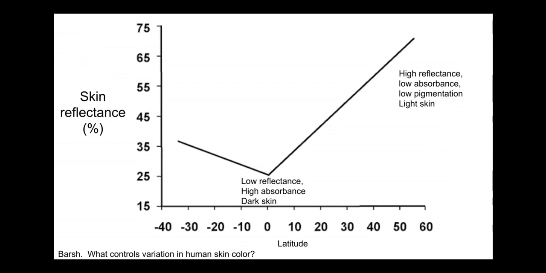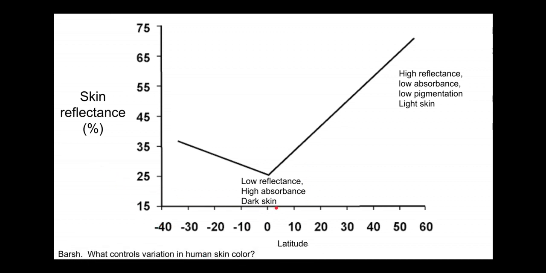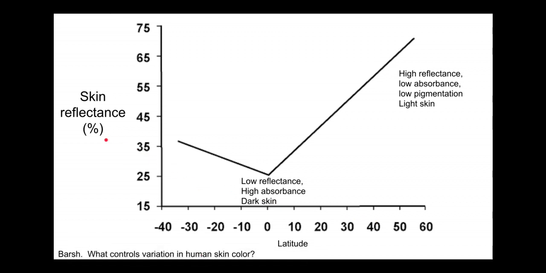Scientists have studied human pigmentation across different populations, and this graph shows the relationship between latitude, or how far north or south from the equator a population is, and how much the skin reflects. When a substance, including human skin, has a low reflectance to light, that means it is absorbing most of the light, and so it is dark skinned.